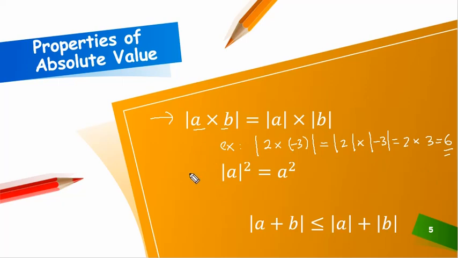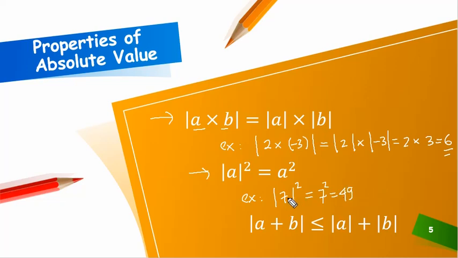Next, the next property is the absolute value of a squared equals a squared. So if you have a number, for example, let's say 7 squared, then the result is just the same as 7 squared, which is 49.